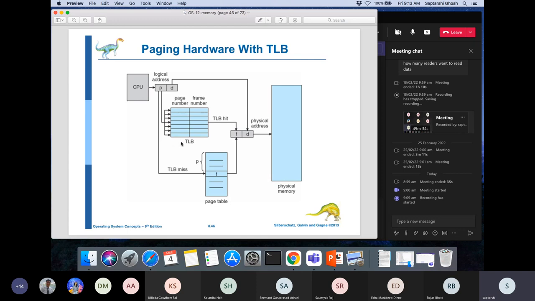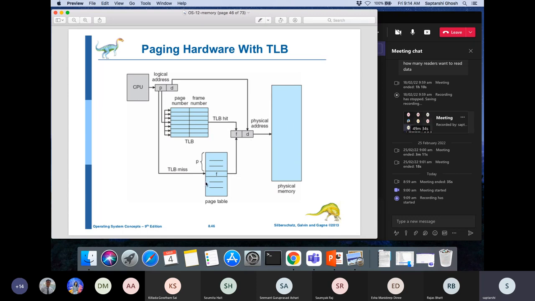Intuitively, the TLB stores the most recently accessed or most frequently accessed pages and their frames. If there is a TLB hit, then the frame number can be immediately obtained from the TLB, and we do not need to access the memory for the page table. We can directly get the frame number of the data which the program wants to access, and then we can directly access the memory.